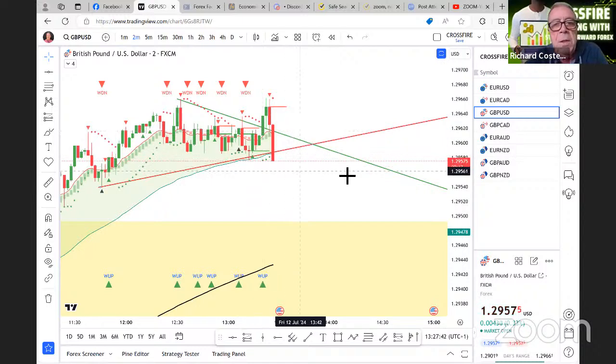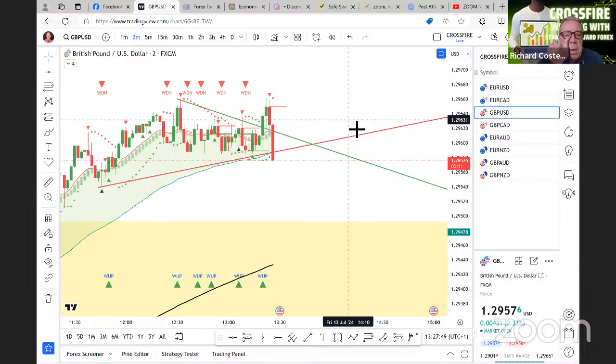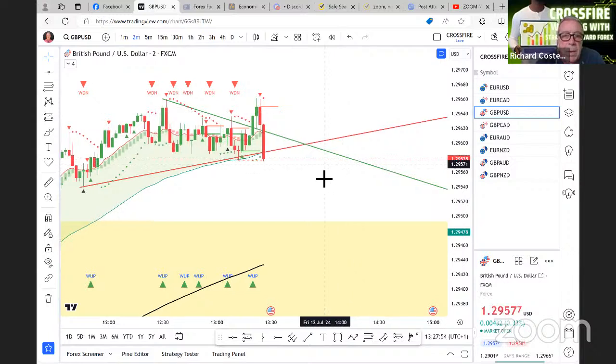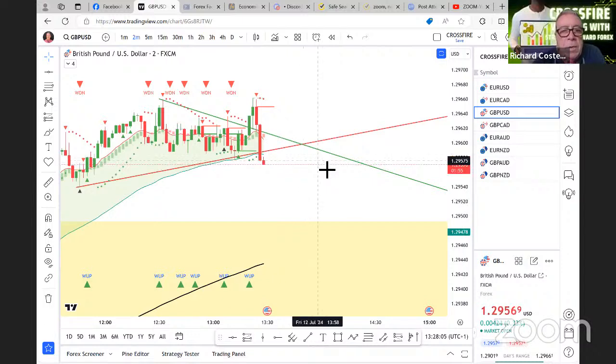Now, this is something that quite often happens just before the news. If we're going to do some price manipulation at 1:30, using the news as a disguise, what they may well be doing right now is pushing price down and hoping that a lot of retail traders will get in for a sell, and they'll put their stop losses up here.